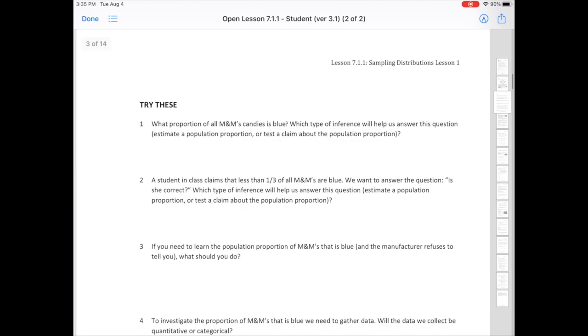Well, it says what proportion is blue. That's not a claim, that's a question, right? They're asking us this. Okay, so this is estimate a population proportion.